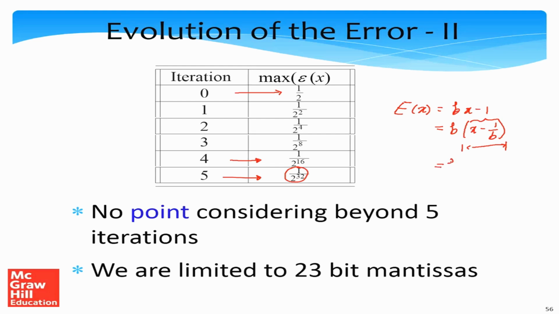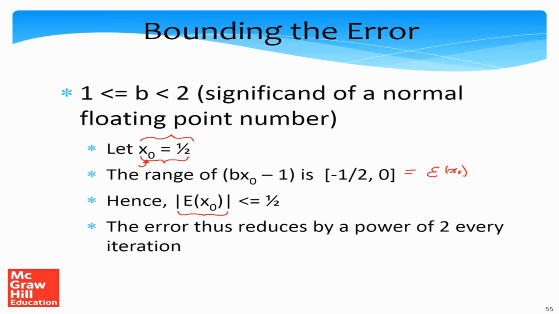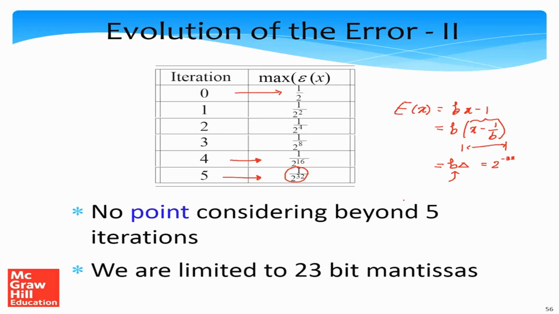So you can say that this is b times delta, where delta is the difference. So if b times delta is, let's say, equal to 2 to the power minus 32, and b itself is a number, what was the bound on b again? The bound of b was between 1 and 2.